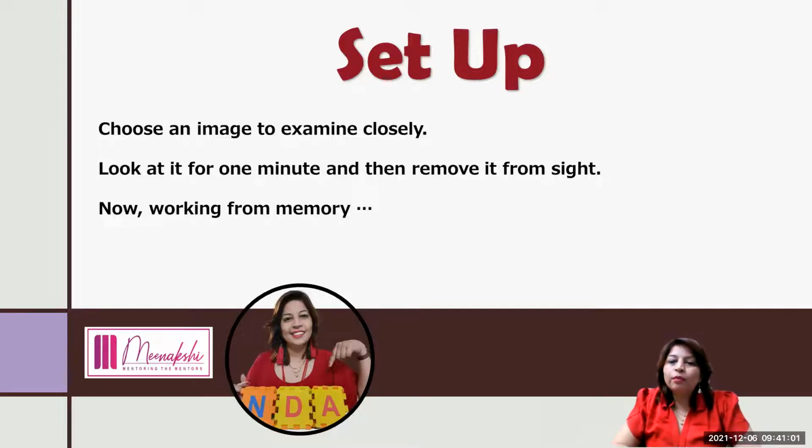So before we begin with this NDA, that is name, describe, and act strategy, we have to create a setup. In that, we have to choose any image to examine closely. Usually we give such images to our students when they have to write a picture composition or describe a scene and certain objects.